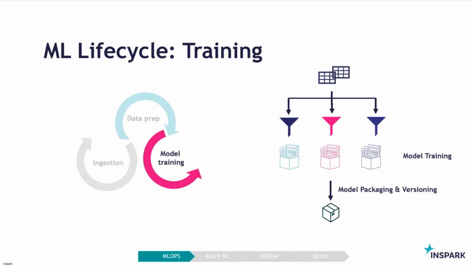Once you've trained a model, you usually end up with a binary file that includes the model code and its weights. And in order to use this model, you need this file, but also the software libraries that you use to produce it. You'll also need a scoring script that takes the input and transforms it into the output that you desire.